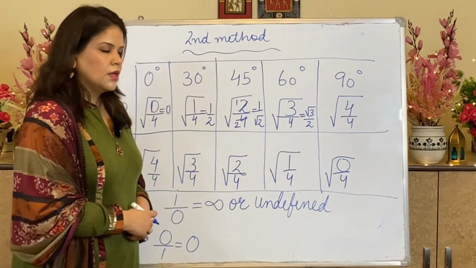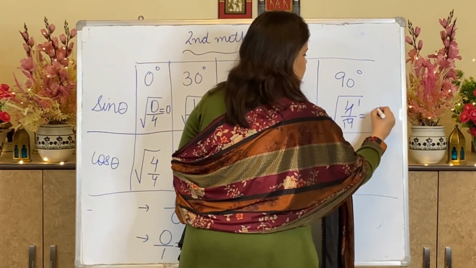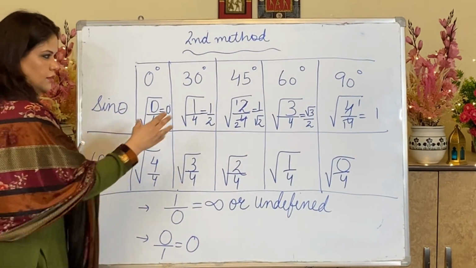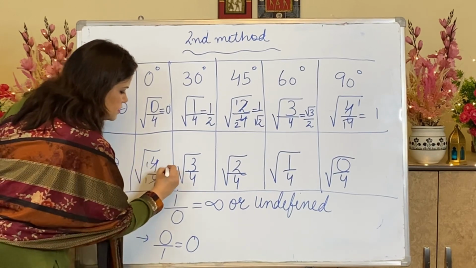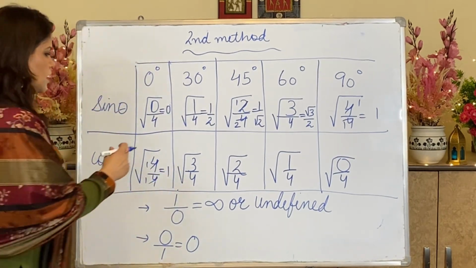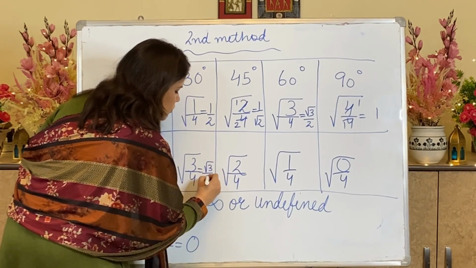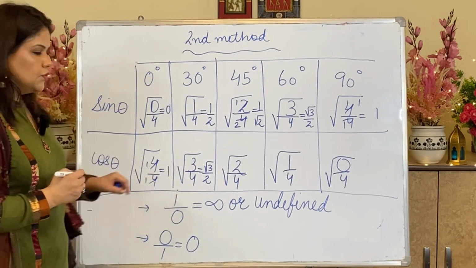Now they both are getting cancelled and we are left with 1. So here again, the 4 is getting cancelled. We are getting 1. For this value, I will take the square root of numerator and denominator, and it will be root 3 by 2.